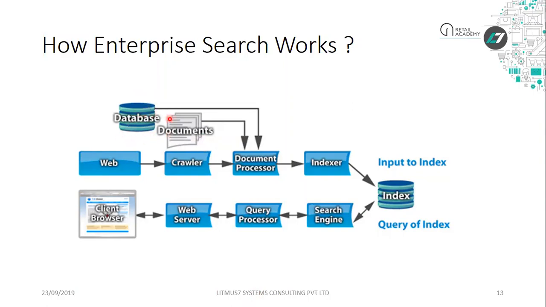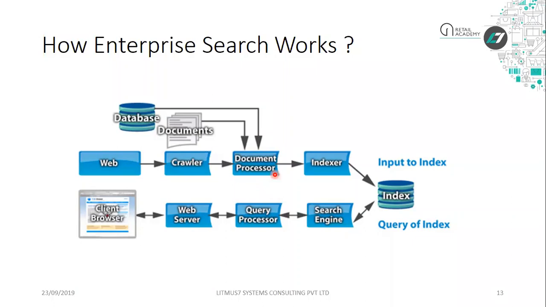For the data from the web, we need a web crawler to crawl the data. The documents or the database need corresponding access to reach the data over there, and there will be some processes involved, like a document processor, which does some transformation that we discussed in the previous slide.